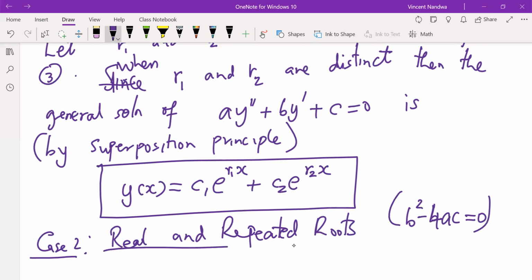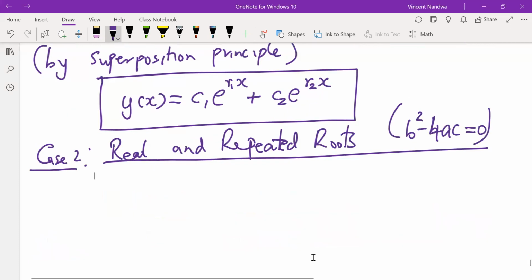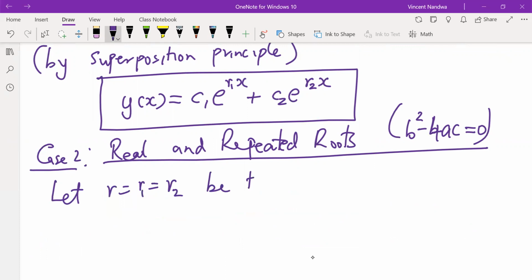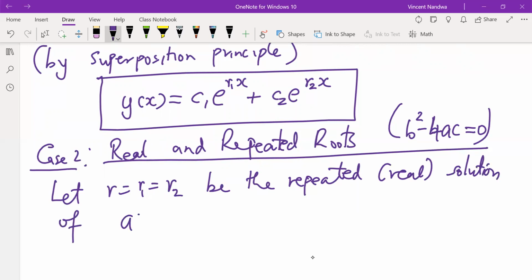So let r equal r1 equal r2 be the repeated solution of this quadratic equation, the so-called characteristic equation.